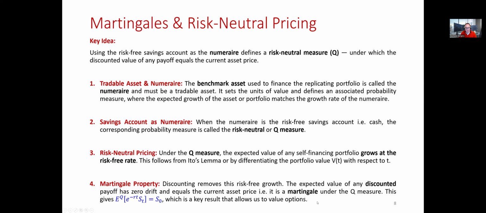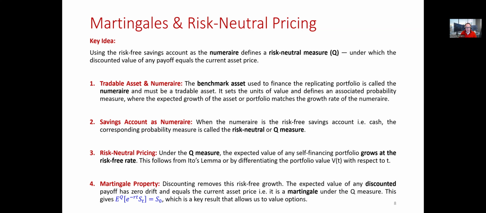We said in step 3 and step 2 that when you pick your tradable asset as your numeraire, that's going to control the units, and it's also going to control the probability measure. And under that probability measure, your replicating portfolio is going to grow, in this case, at the risk-free rate. So we picked cash, the risk-free savings account, as a benchmark asset to finance the position, to finance the portfolio.